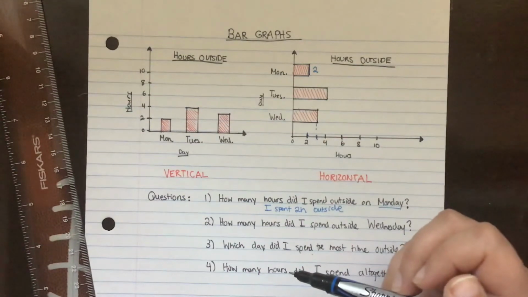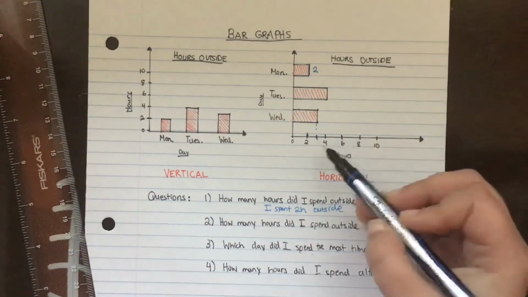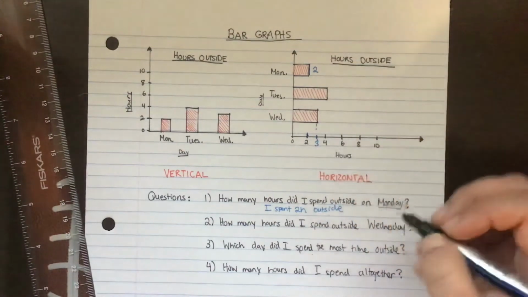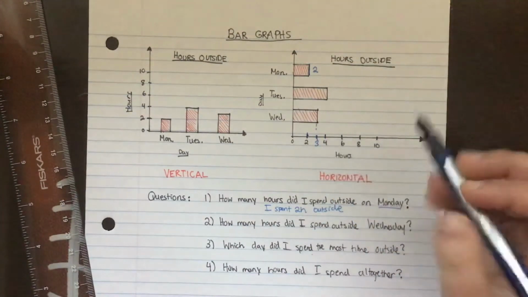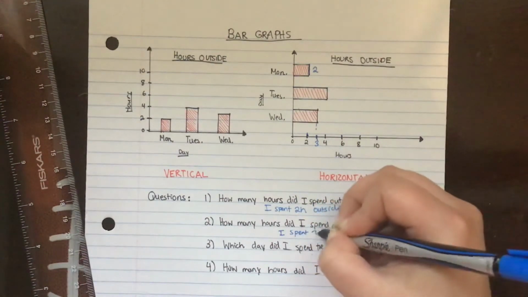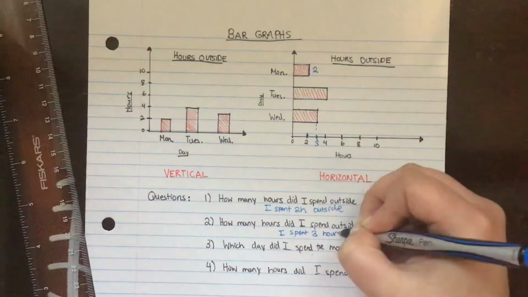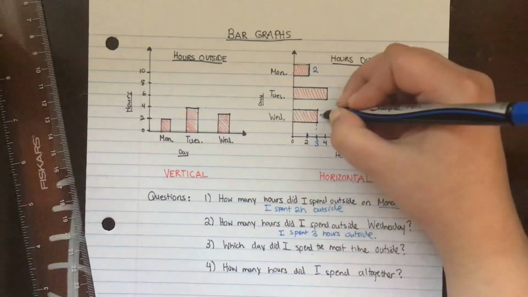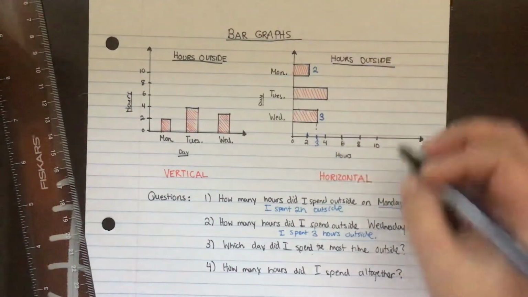I'll leave it for a minute. Well, the answer is 3, which is right in the middle. So I spent 3 hours outside. And once again, to help me out, I'm going to put a little 3 here so that I know what I'm doing.